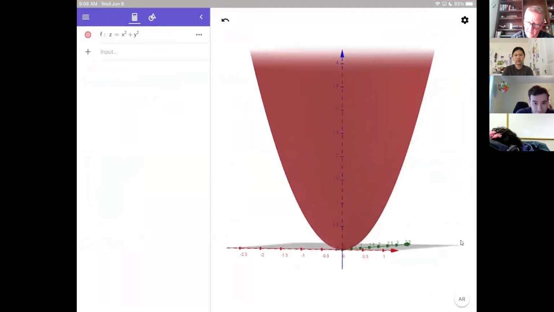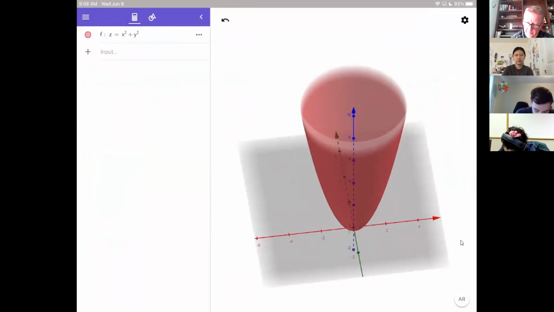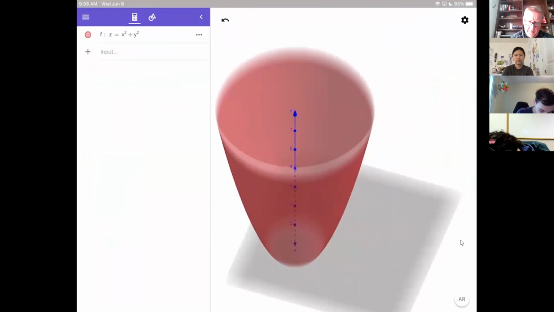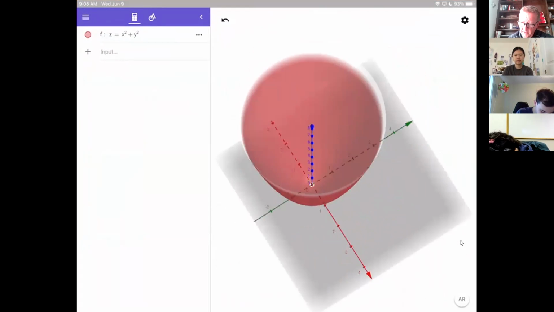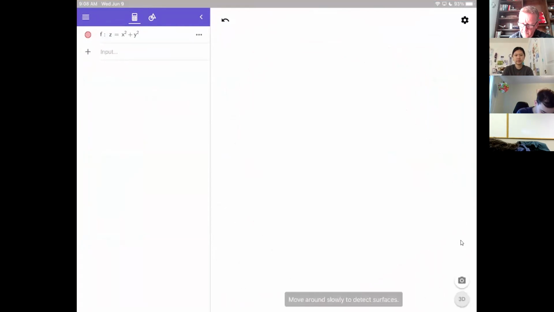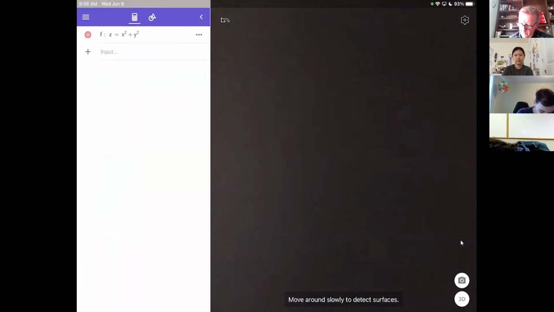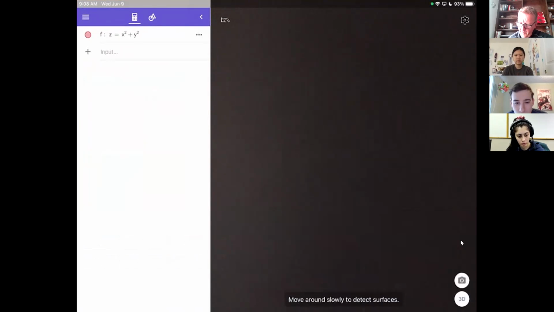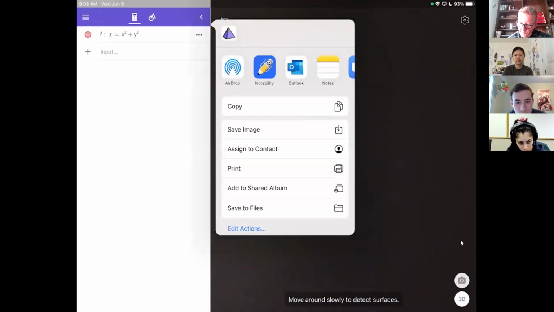I'm thinking that this will graph correctly, but I don't know. I was trying to find this the other day, but there's like a setting where you can... apparently that wasn't it. I don't even know what that did. Doesn't pay to play around too much. Push the camera button at the bottom right. That's taking a picture, I think.